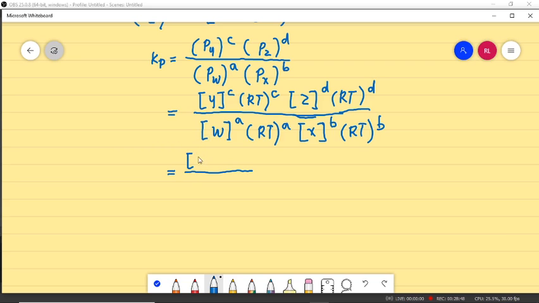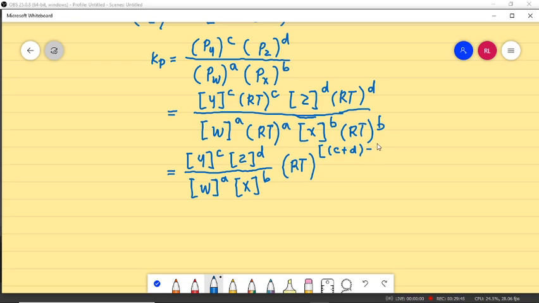You have the concentration of Y raised to C times the concentration of Z raised to D, divided by the concentration of W raised to A times the concentration of X raised to B, times the common RT, which we copy here, raised to, diba, isusubtract natin, so you have C plus D minus A plus B.